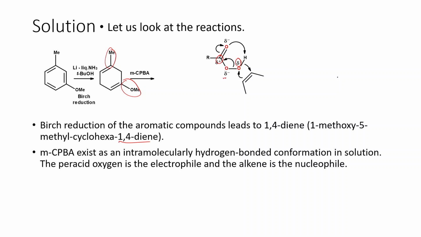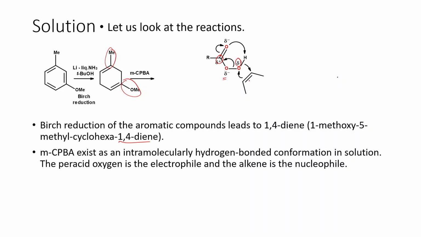This oxygen can have a negative charge and the carbon a delta plus charge, so these two are attracted towards each other, and we have an oxygen with the electropositive charge away from the electrophilic carbon atom. This type of polarization is possible in solution, and it is very crucial for the epoxidation reactions of alkenes.